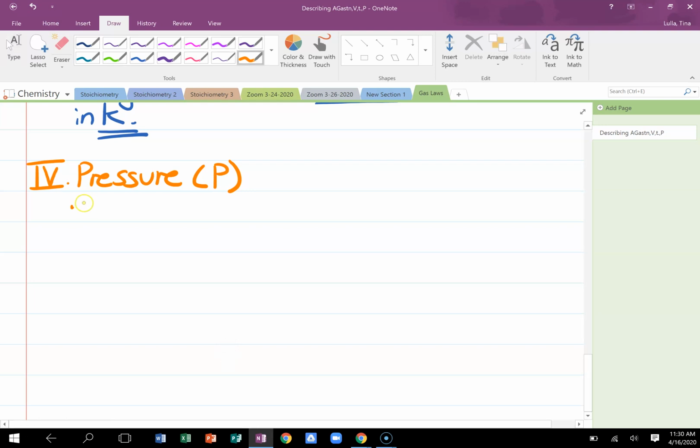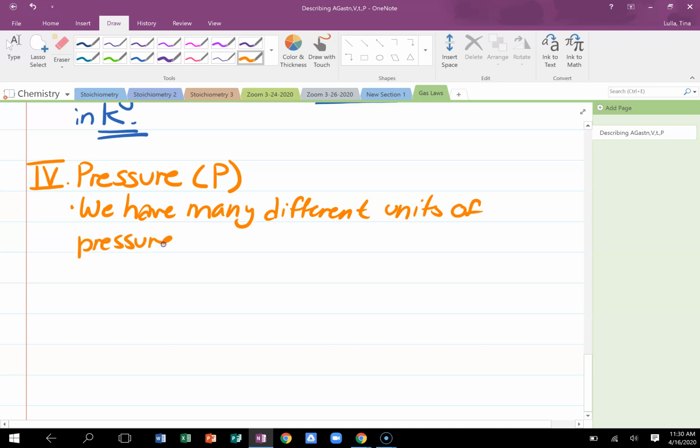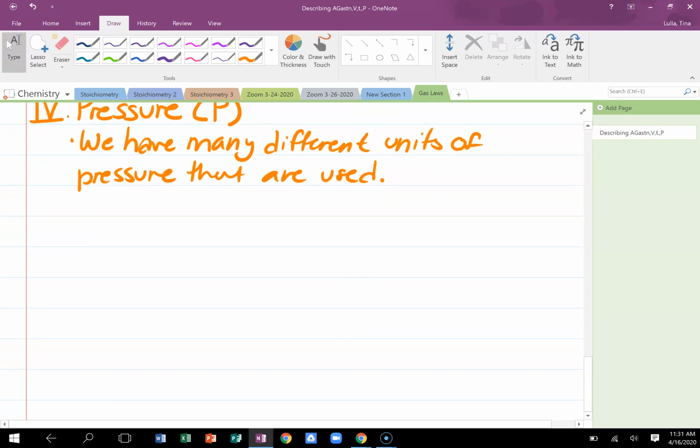But with pressure, we have many different units. So I've written, we have many different units of pressure that are used, which means essentially we have to be able to convert from one unit to another. So let's take a look at how we can do that.